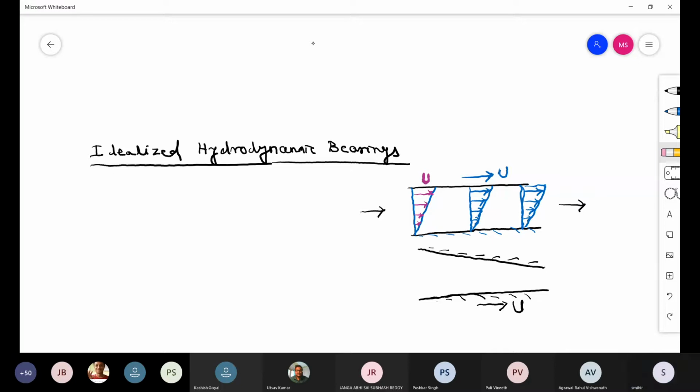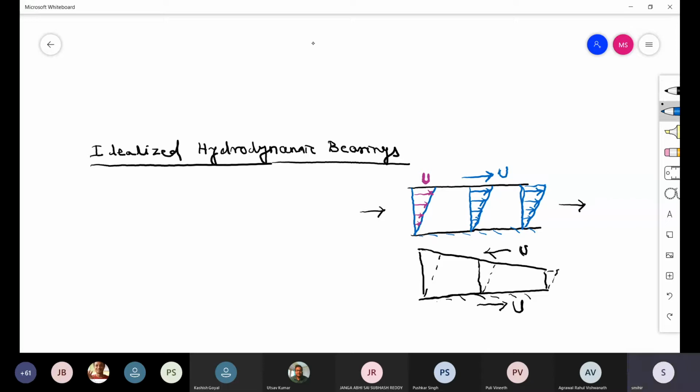Either way is possible. So in that case, the velocity profiles in the ideal case should be like this in the middle portion, and in the exit zone it should be like this, right?